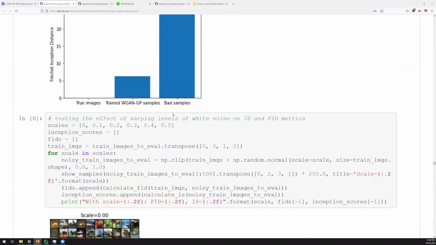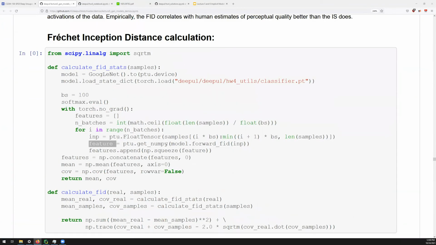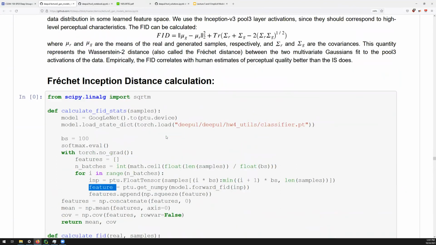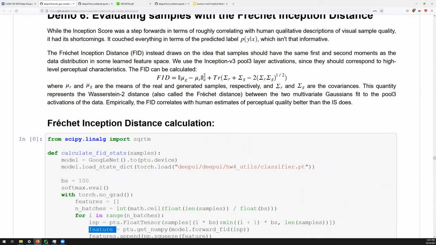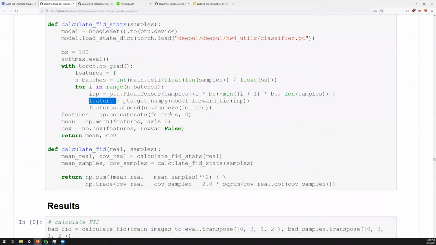I'm not sure why it's so. You do the FID of the input feature, you append it. Not sure where it's being subtracted from. I thought this was G and R, real and generated samples. Okay, so you're supposed to do the difference between the real and the generated ones. Calculate real samples.